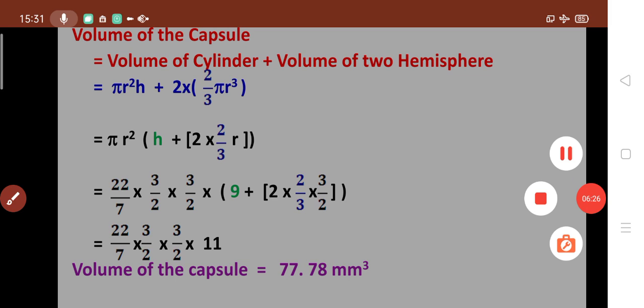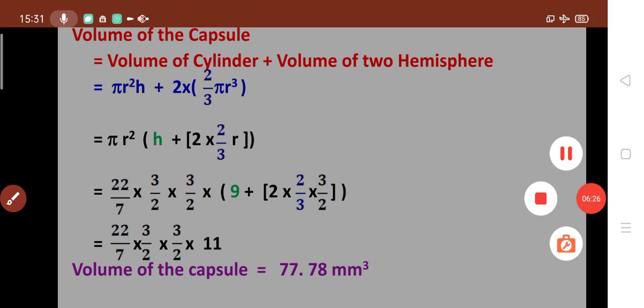Which is equal to pi value 22 by 7, r value 3 by 2. R square means 3 by 2 into 3 by 2, into H value 9, plus 2 as it is, next 2 by 3 into r value 3 by 2. Am I correct, children? 2, 2 get cancelled. 3, 3 get cancelled. So what is the balance? 2.